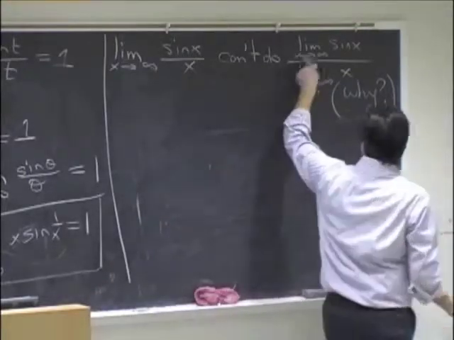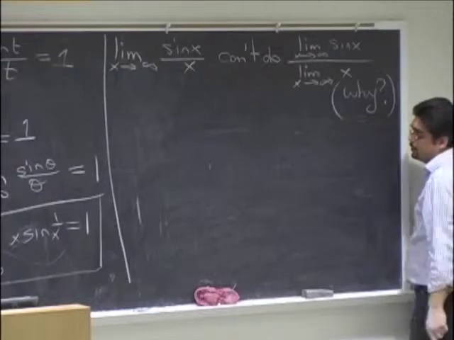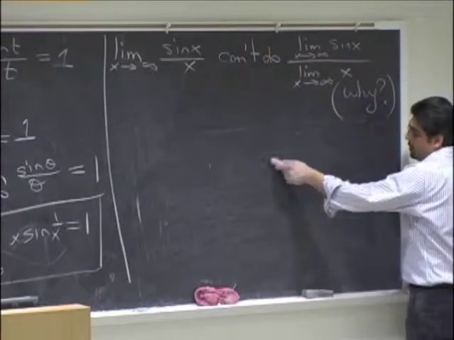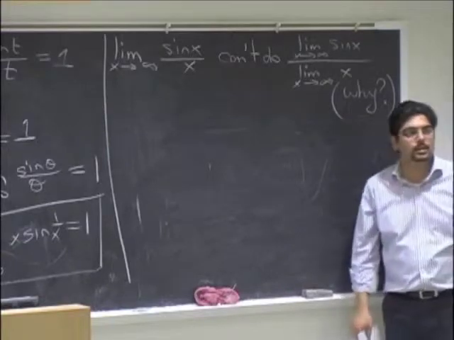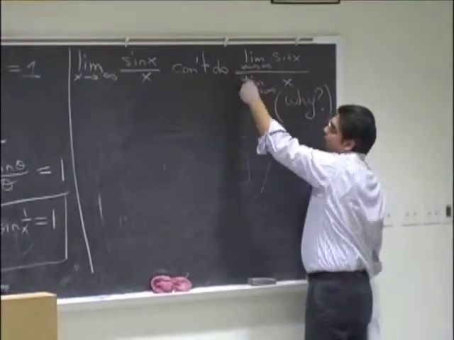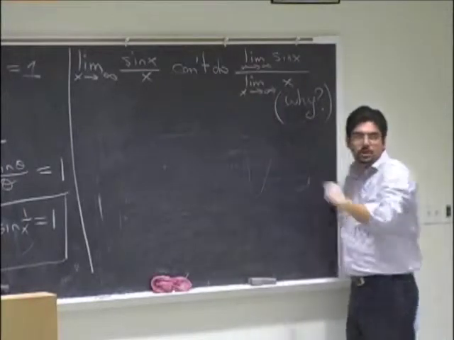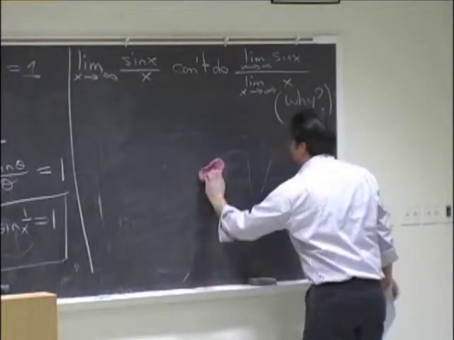Because what happens when x is large? What happens to sine x? Well, sine x is between negative 1 and 1. Okay, it doesn't approach any fixed value. So, in order to do the quotient rule, the individual limits need to exist, right? And since that's not true, we can't do that.